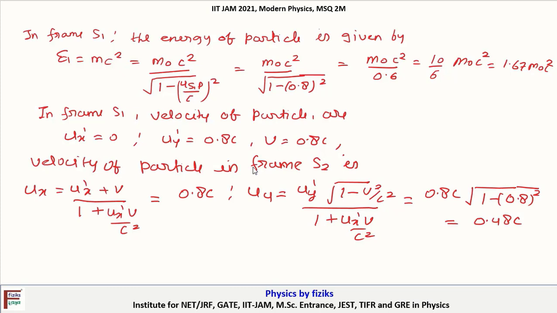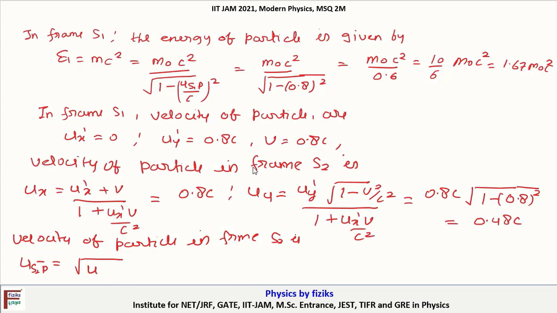Now the resultant velocity of the particle in frame S2, u S2P, will be the square root of ux square plus uy square, which is (0.8 c) square plus (0.48 c) square, giving us the value 0.93 c.